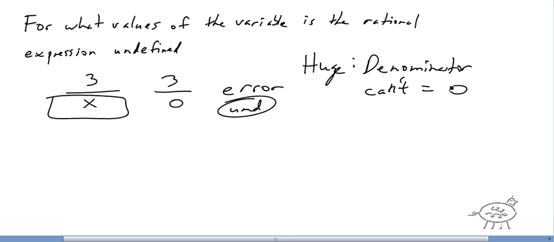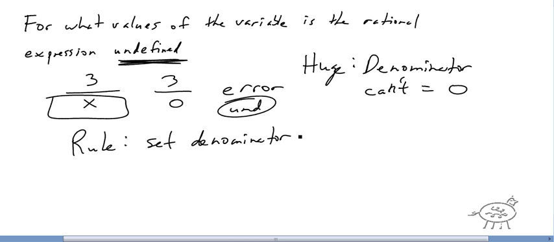So what I'm asking you, where is it undefined? This is the rule: you're going to set the denominator equal to 0 and then solve for the variable. Okay? It's really easy, but you got to remember that. You look at the denominator. It doesn't matter what's in the numerator.